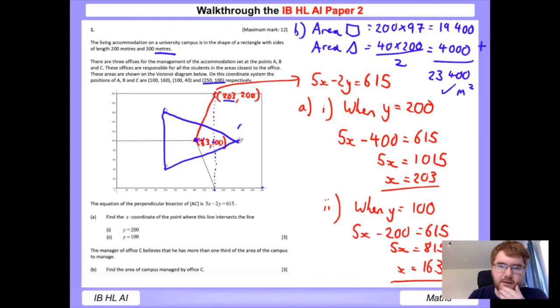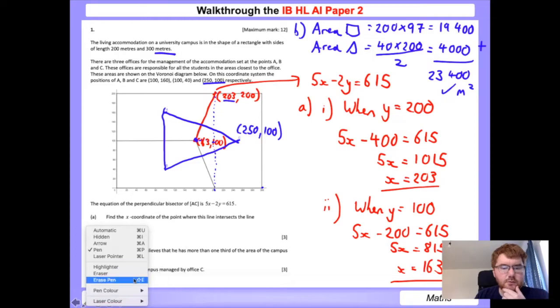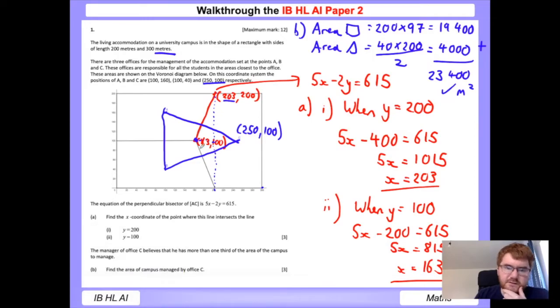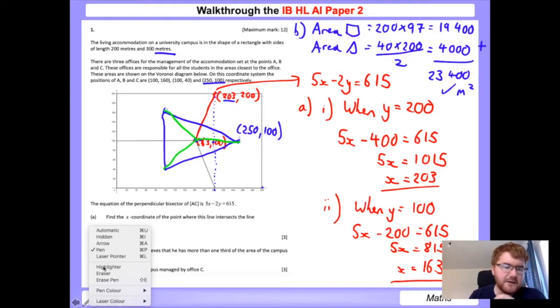So 250, 100. We know this is 163 and 100. So if we find the difference between the x coordinates, so essentially we're looking for this distance, we'll have the distance that we want. And remember, this green distance is the same as this distance, which is the same as this distance. So it fits for all three scenarios. So we're going to go back and just take one away from the other, which is nice.